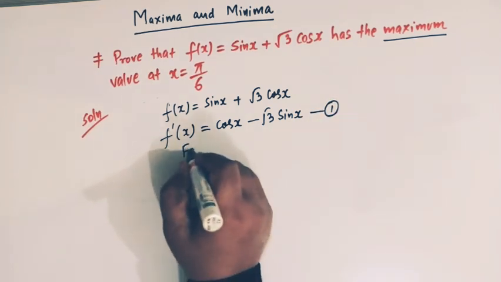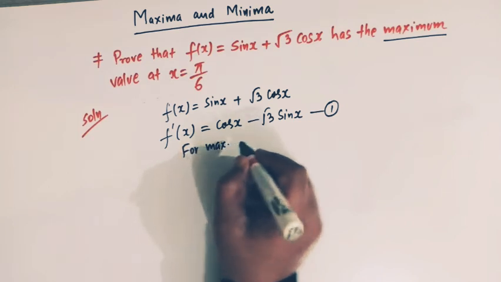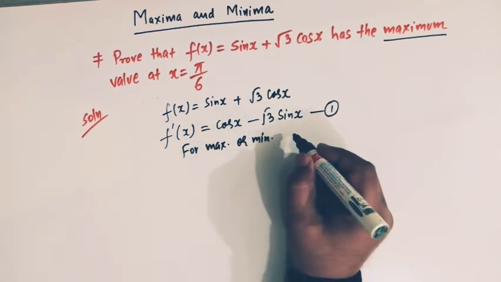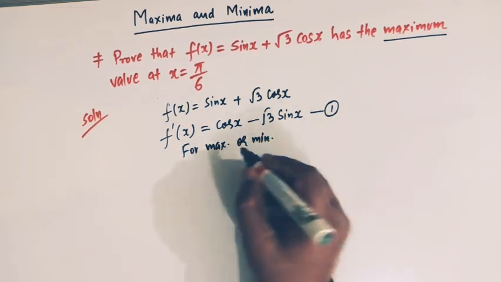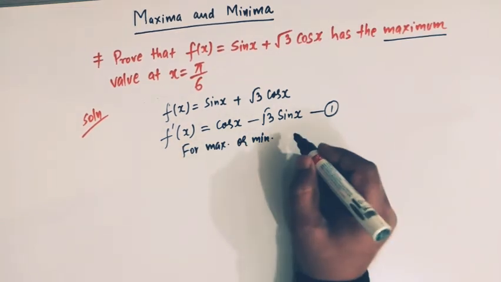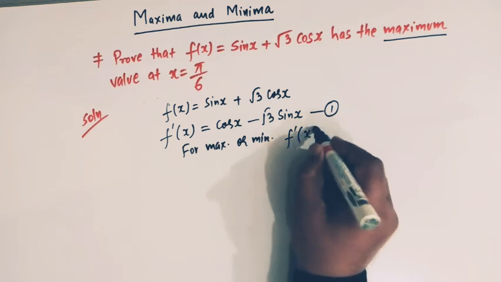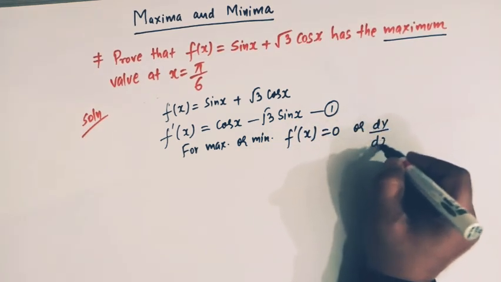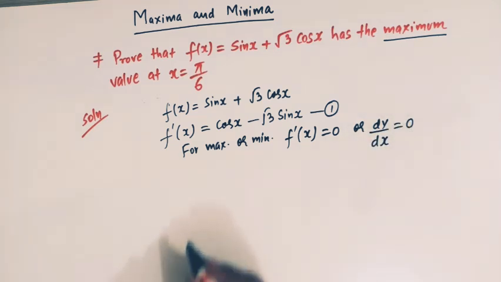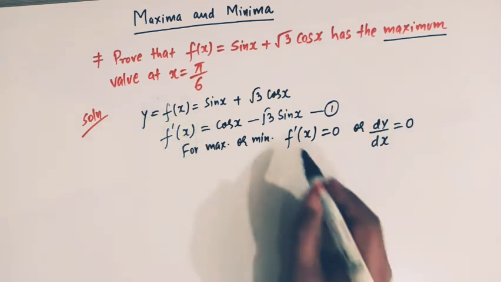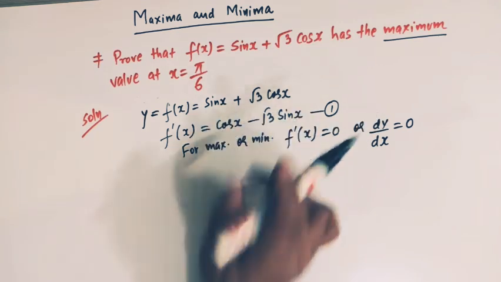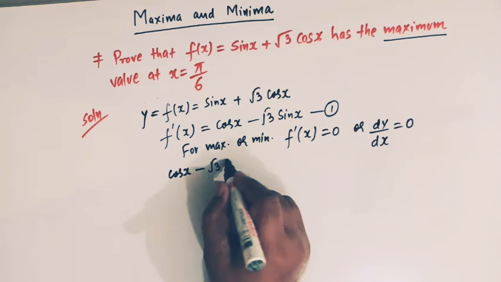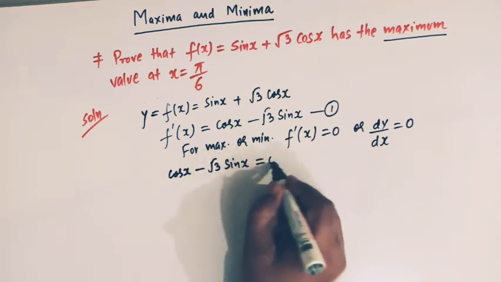Now for maximum or minimum, the derivative should be equal to 0, or in other words we can say that for stationary points f prime of x is equal to 0, or dy over dx should be equal to 0, right? Okay, so now this expression cos x minus root 3 sin x is equal to 0.